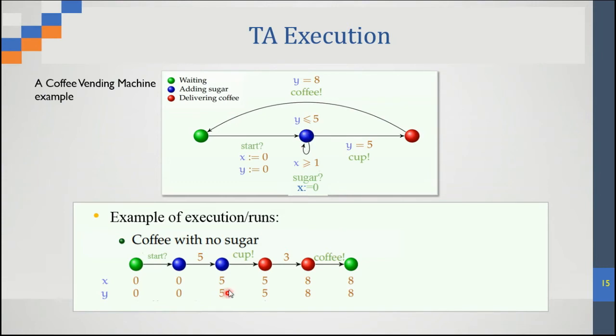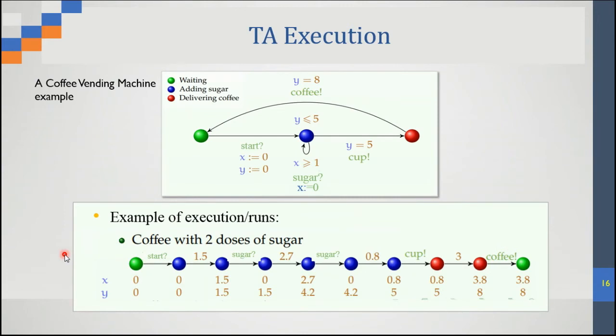That means we should stay there until 5 time units pass, and then you press and the coffee machine will deliver the coffee to the user, and the time is still 5. Here we stay 3 units of time because we cannot pass this transition until y equals 8, so the coffee is delivered once y equals 8, that means 5.